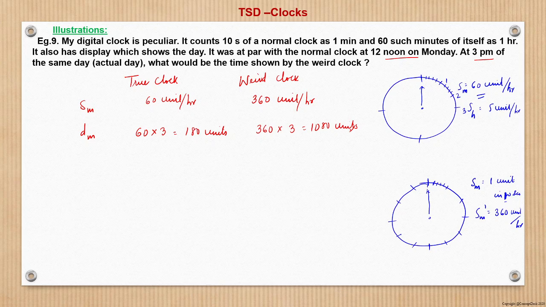Now 1080 units of its clock. In the weird clock also, 60 units by the minute hand is equal to 1 hour of the weird clock.